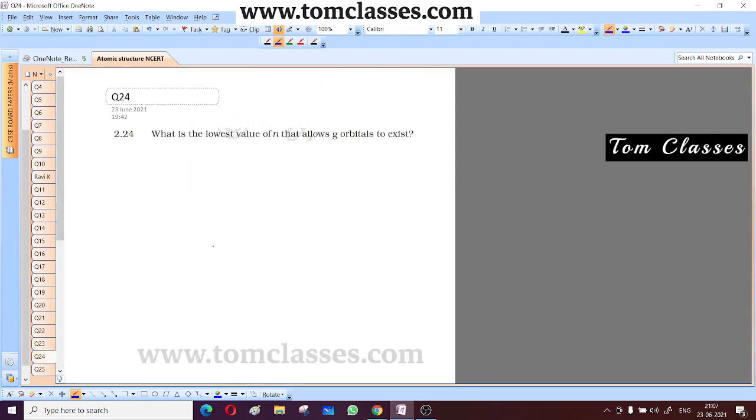What is the lowest value of n that allows a g orbital to exist? So he is talking about the g orbital. G is related to the azimuthal quantum number, that is L, right?